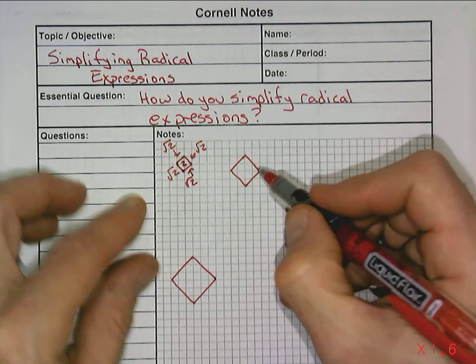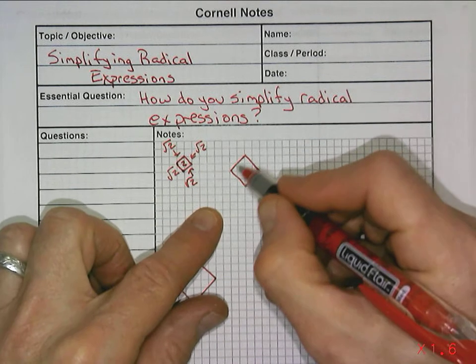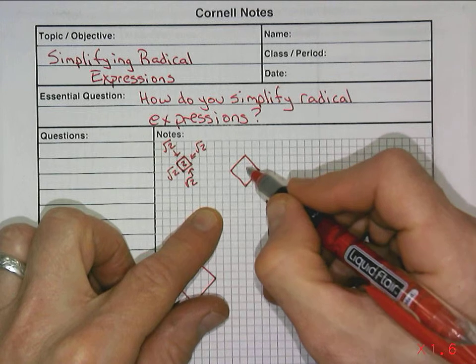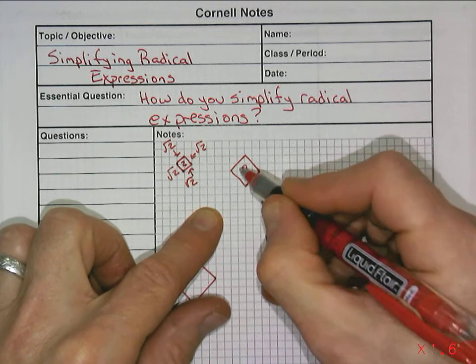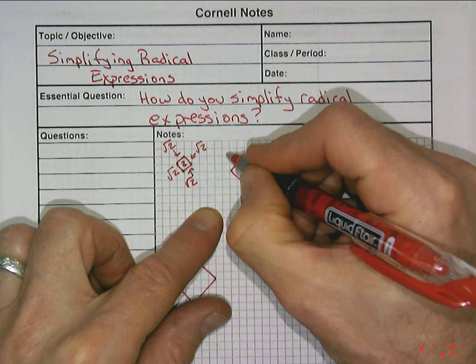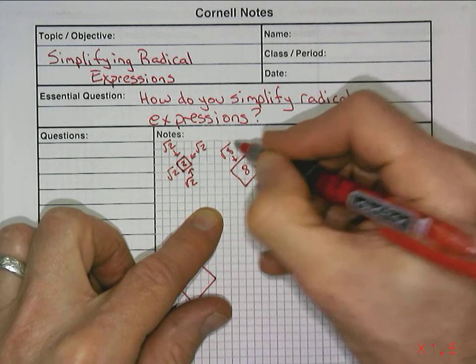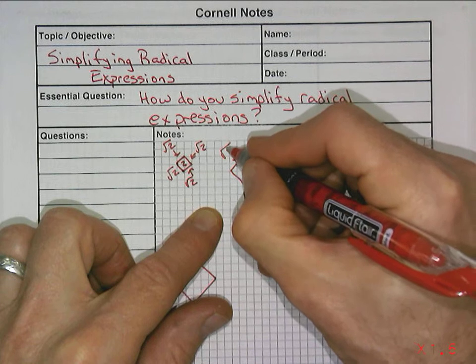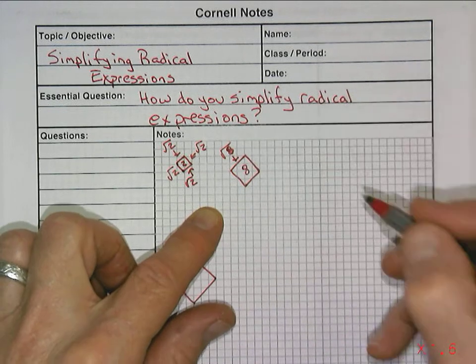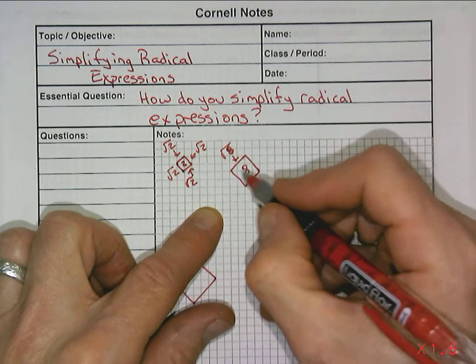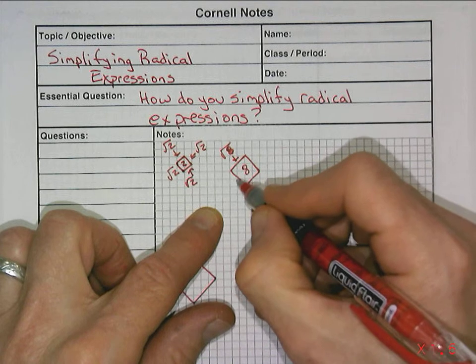If I go to my next square and I find the area of this square, which is 8, that means the side length of this square is the square root of 8. That's one way to describe the side length. All the way around, all the different sides of this are actually the square root of 8 long.